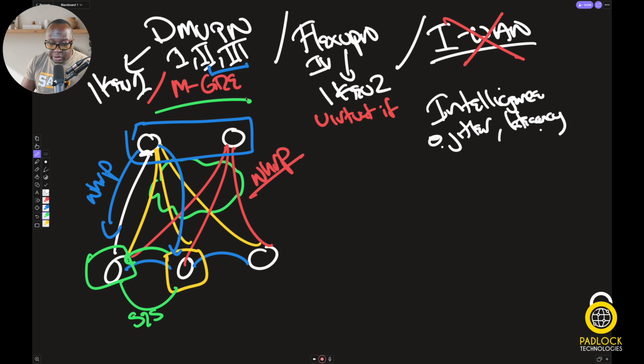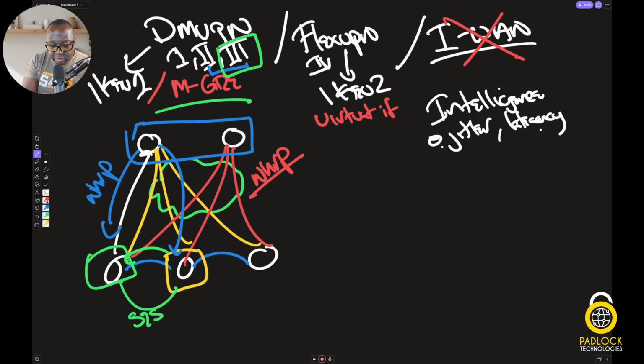So they're really doing DMVPN with mGRE tunnels, which is usually going to be phase 3. I've seen a couple people do Flex VPN, but because most of the people I run into don't know about it, they don't really run it. So the most you're going to see in the field is DMVPN phase 3. That's how we used to do it in the past.